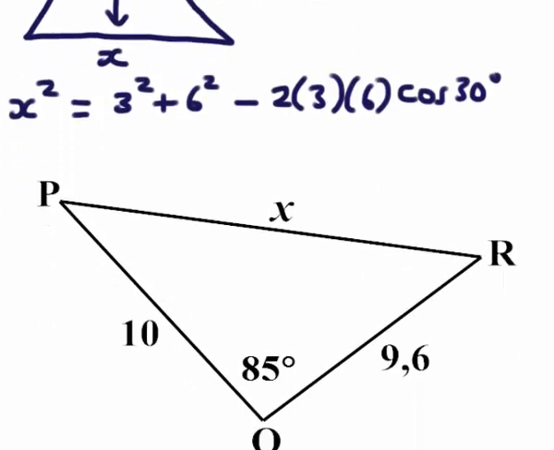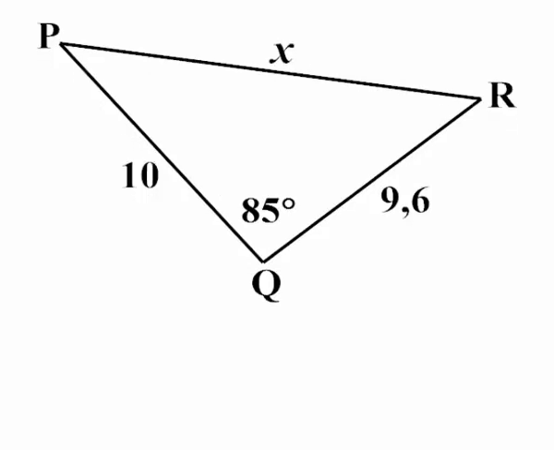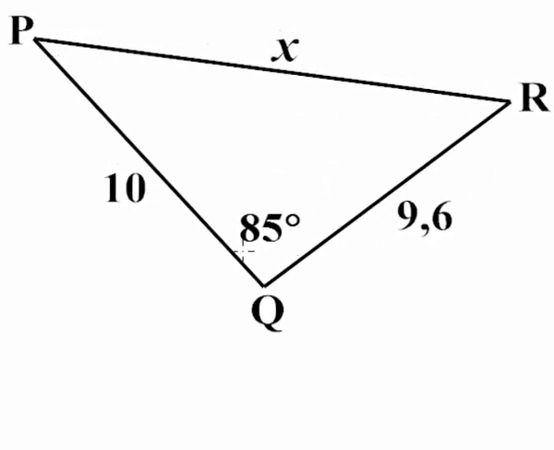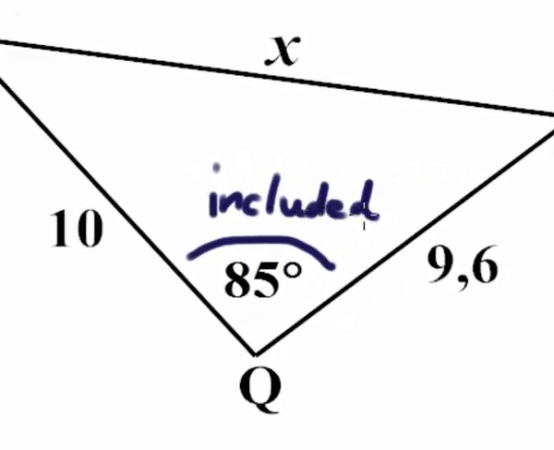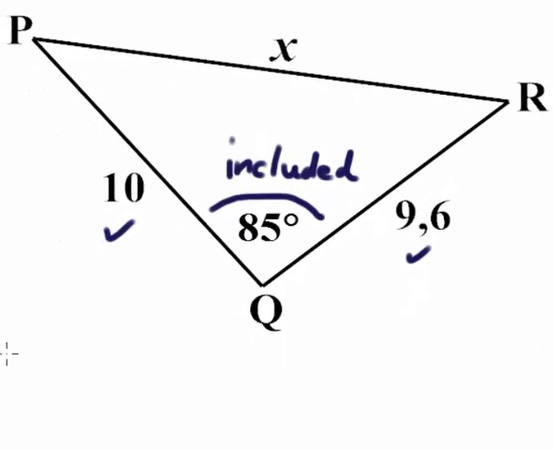I've got a little diagram here, and what do you notice in the diagram? You've got two sides and the included angle. It's included, that angle there. Okay, it's an included angle and you've got your two sides. So if you want the length of x, now watch this.